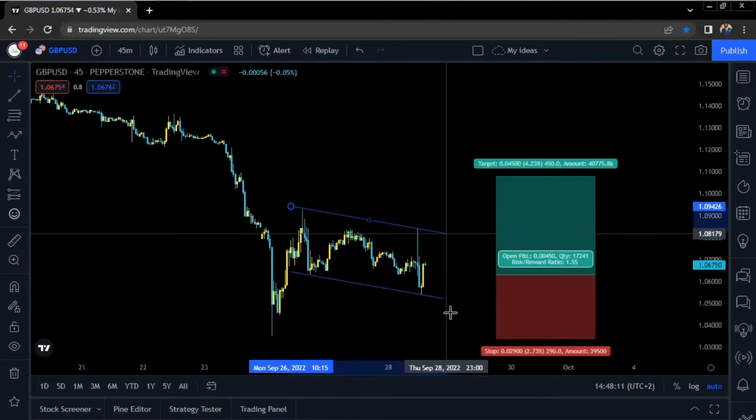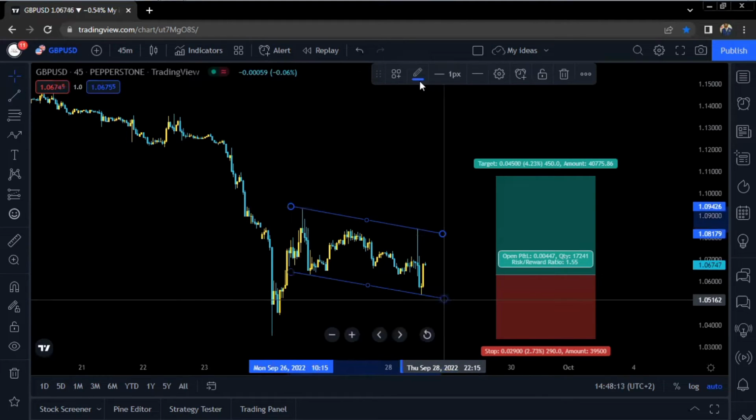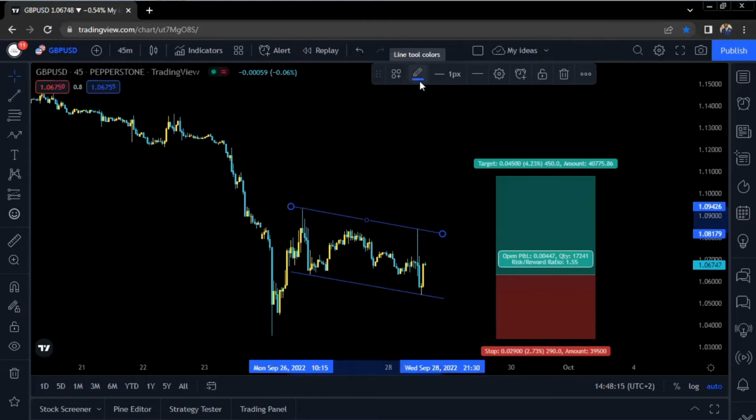On the left we had a nice impulse to the upside, and on the right we've got what we call a correction. That's that piece of data that looks slightly messy.